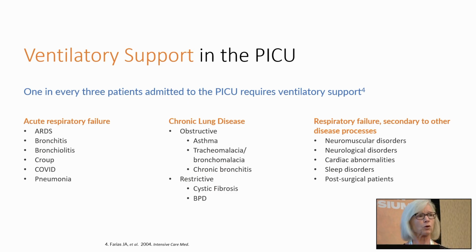There's also respiratory failure secondary to other disease processes such as neuromuscular disorders, neurological disorders, cardiac anomalies, which we see in some pediatric populations, but we do see some cardiac deficiencies in adult populations as well. A surprising number of pediatric patients do come in with sleep disordered breathing, which the other group who is in our sleep track know this, and there's always post-surgical patients.